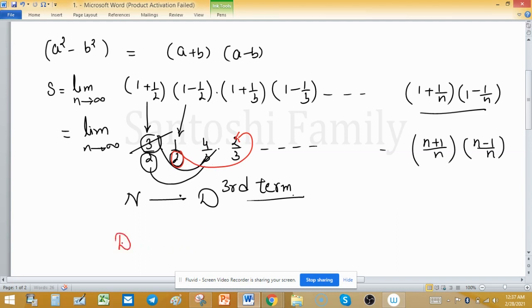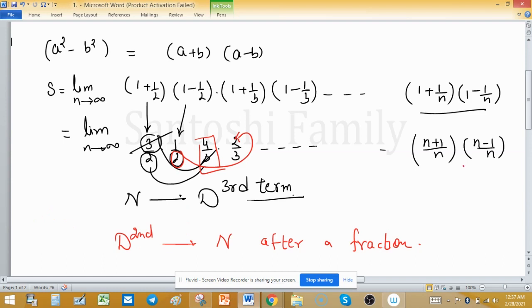Means the denominator of the second fraction is cancelled out by the numerator after skipping a fraction. Skip this one and it will cancel out the next one.